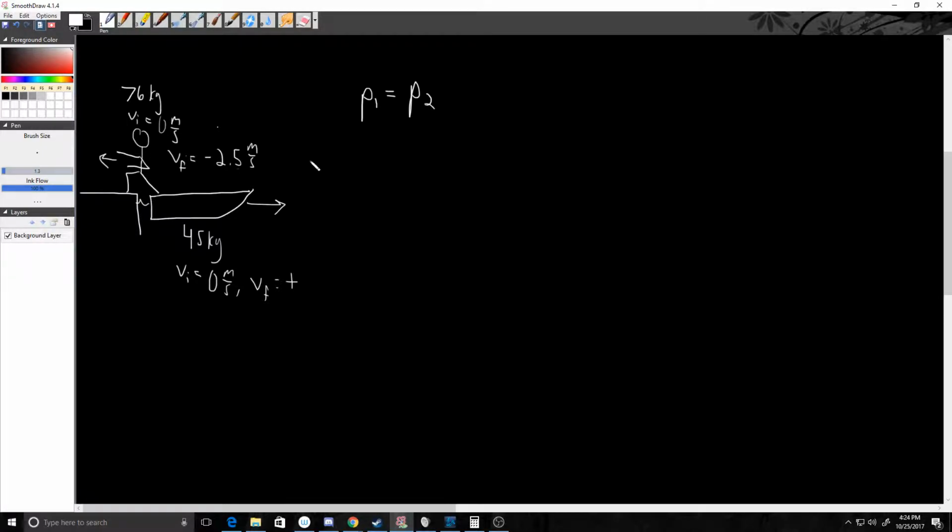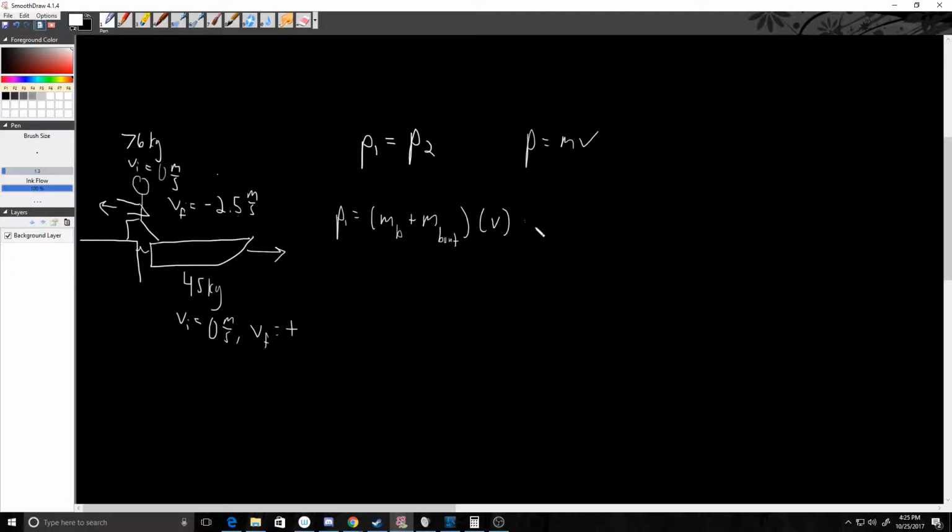I know that momentum is equal to mass times velocity. So in this case, if I'm looking at how much I'm starting with, we're going to go with the mass of the boater plus the mass of the boat, times the velocity, which we know is 0 meters per second.